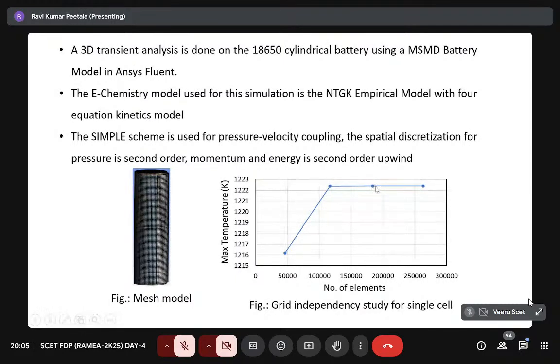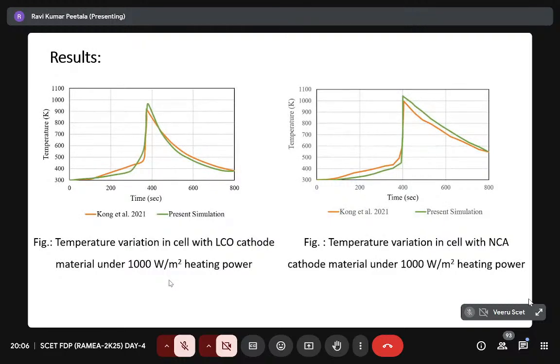If I increase the grid points further, there is no change in the maximum temperature, so it is independent of the grid. If you increase the grids and the properties are not changing, that is called a grid independent study. So we come to know that 1 lakh grid points is sufficient to do the simulation. That is how we understand numerically how many grid points are required for this battery. Then I compared with Khang et al.